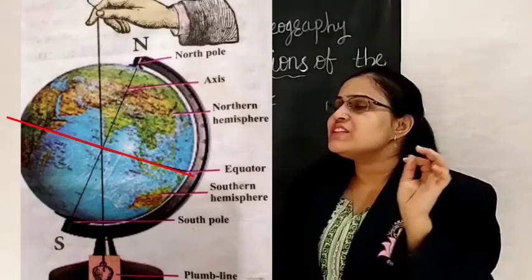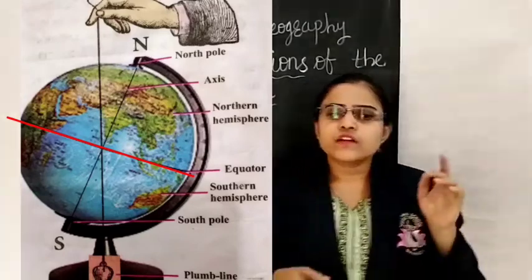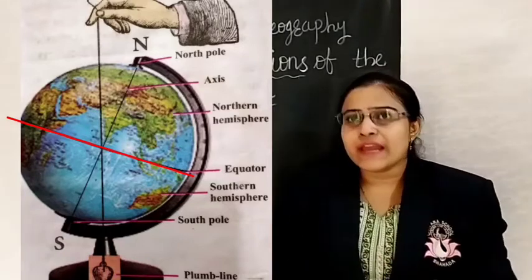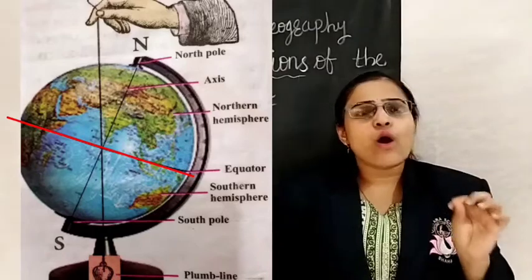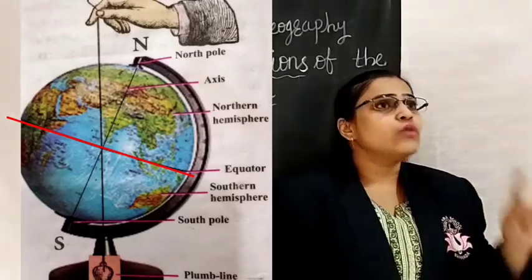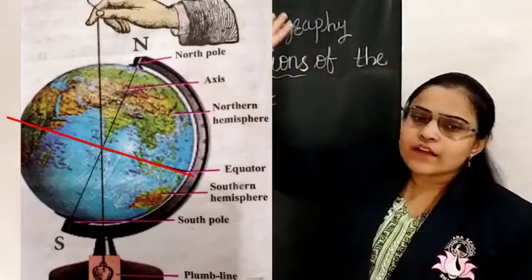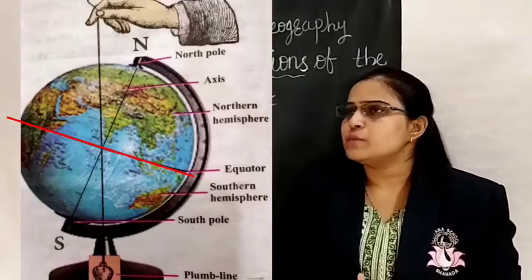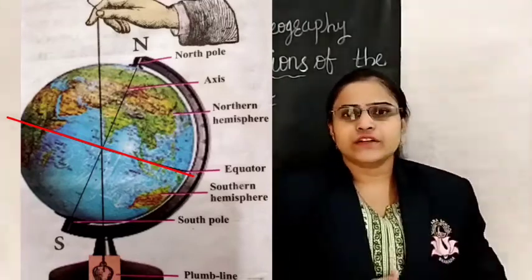This imaginary circle is called the equator. The two equal parts are called the northern hemisphere and the southern hemisphere respectively.